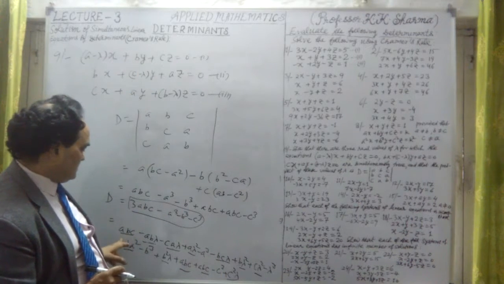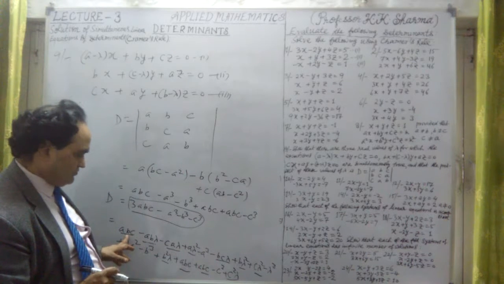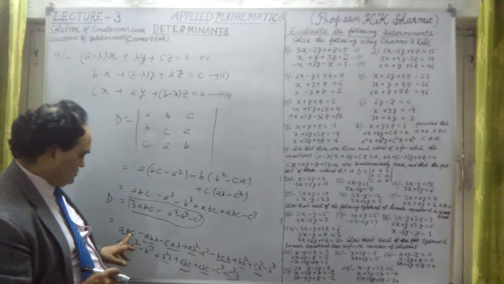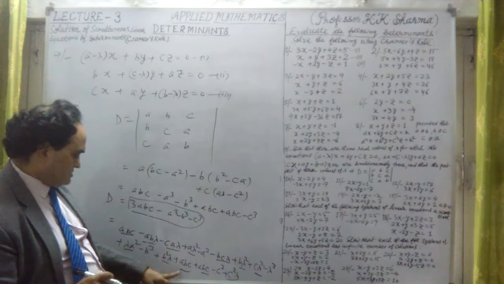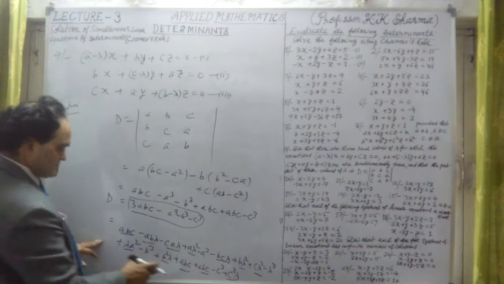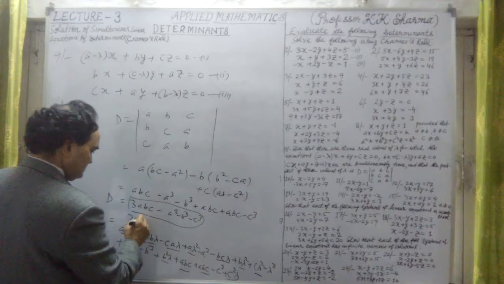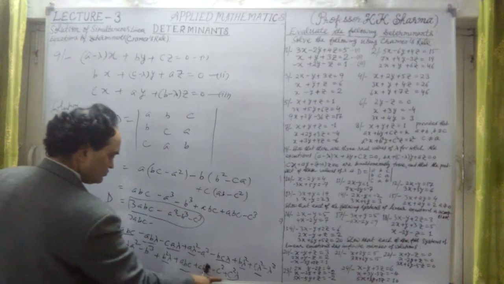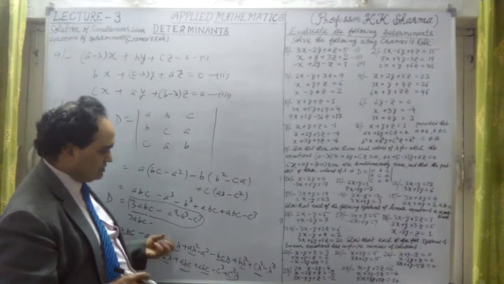So then the value of D is coming, only these three values will be left over, because they are free from lambda. This is 3ABC we have written down here, 3ABC, then minus A cube, minus B cube, minus C cube. Three values were coming, and other values were including lambda.